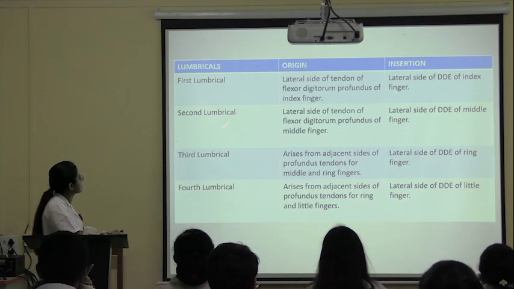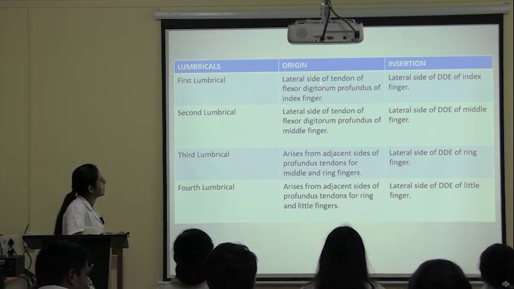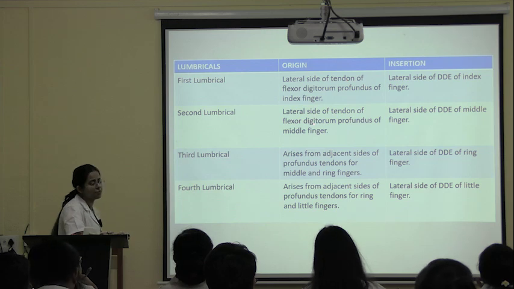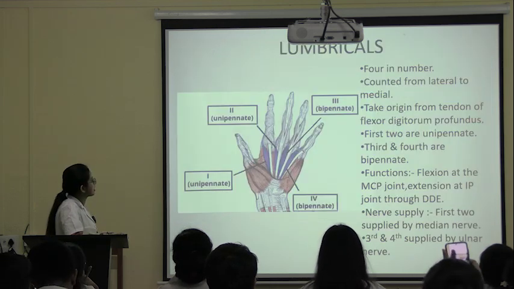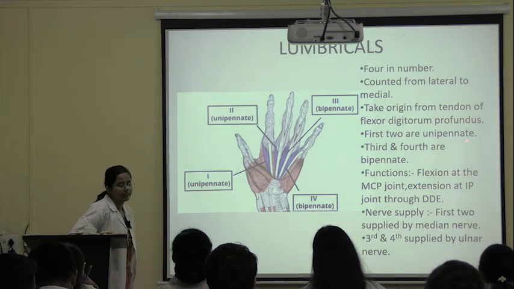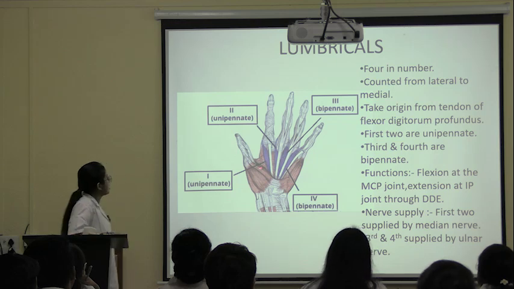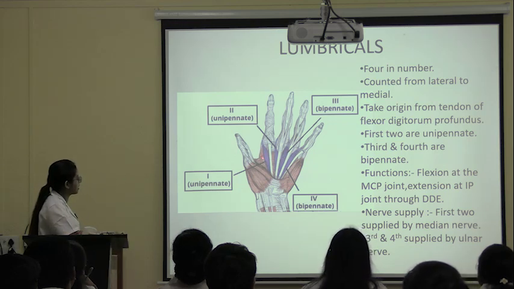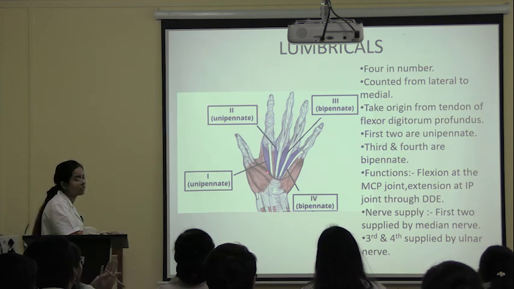So first lumbrical. Origin is from the lateral side of the tendon of flexor digitorum profundus of the index finger. You can see it takes origin from the tendon of flexor digitorum profundus. This is the first lumbrical. So this is which finger? Index finger. Which side of the index finger?